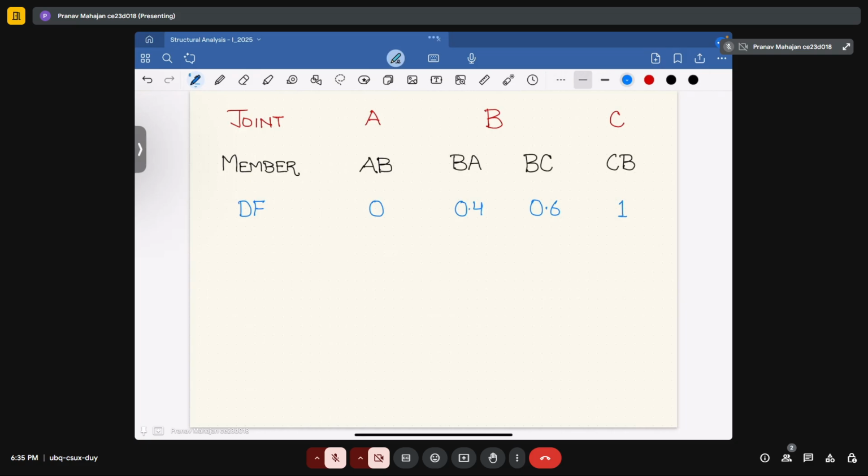Fine. Now write the fixed end moments. So the fixed end moments in this case will come out as, we have calculated it, minus 25, 25, 0 and 0. Okay, so let me partition this.